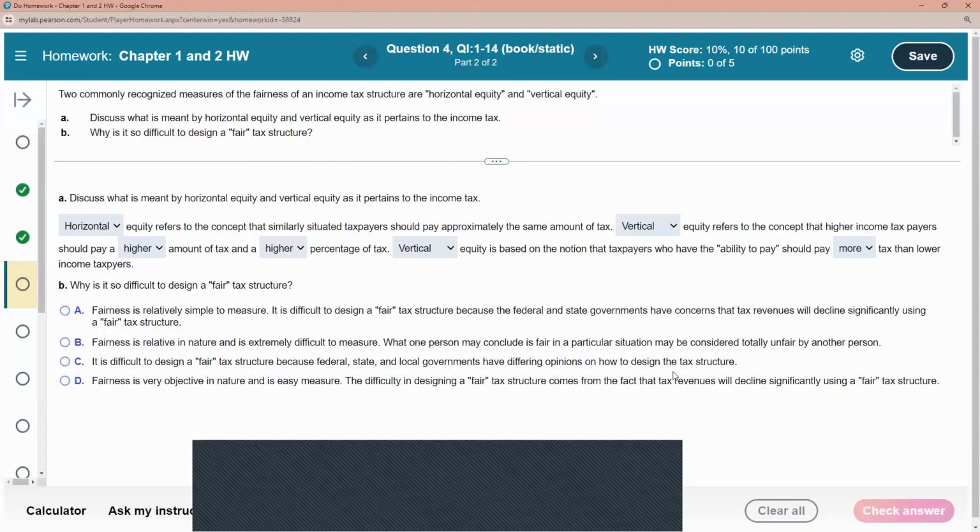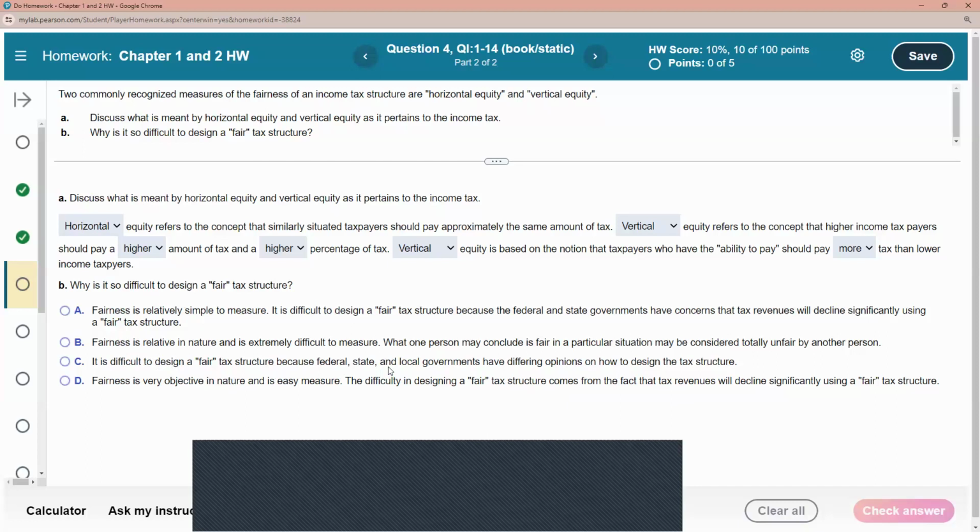All right, seems like a fair answer. D: Fairness is very objective in nature and easy to measure. The difficulty in designing a fair tax structure comes from the fact that revenues will decline significantly using a fair tax structure. So the first sentence is incorrect. So that leaves us with C, and that leaves us with B.